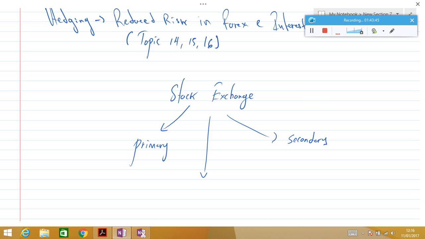Primary is like your primary school. Can you go straight into secondary school? No. You must go to primary school, then secondary school. But if you are very scared of going straight into primary school, we have the kindergarten here. Kindergarten means AIM, the Alternative Investment Market.